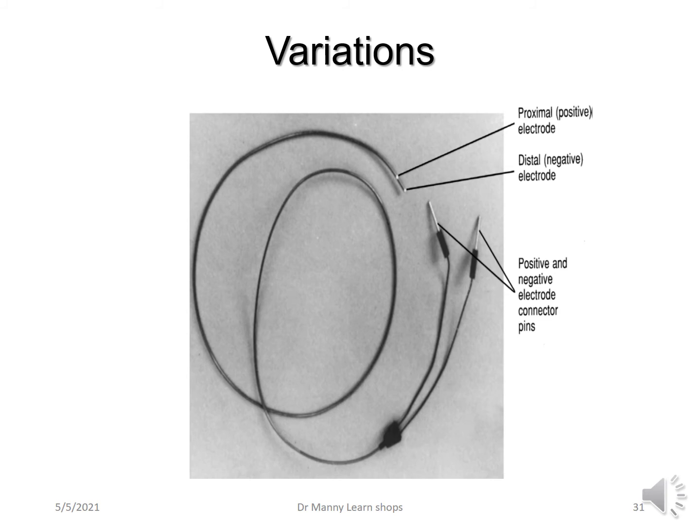Now, the distal electrode, the negative electrode, typically, if connected correctly, delivers the current to the myocardium, has best contact with the myocardium, and causes the myocardium to contract. The proximal or positive electrode, which is located beneath the distal electrode, is primarily responsible for sensing and returning the current back to the pulse generator.